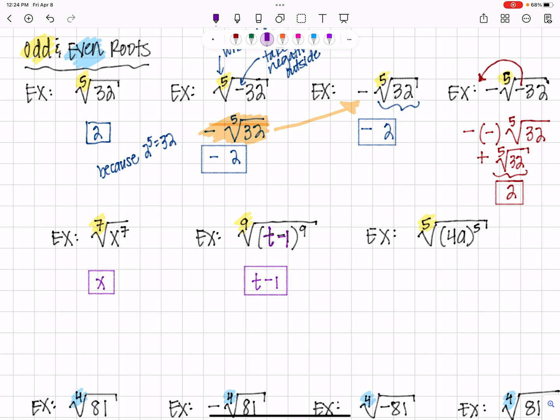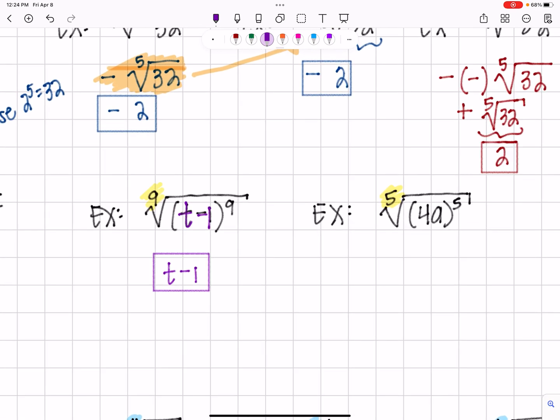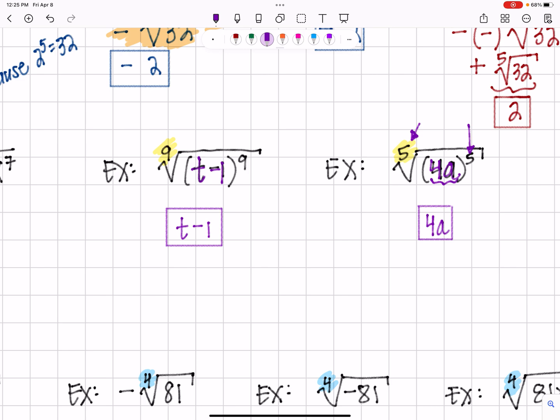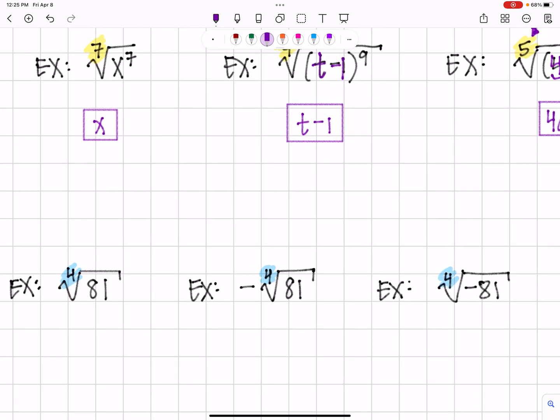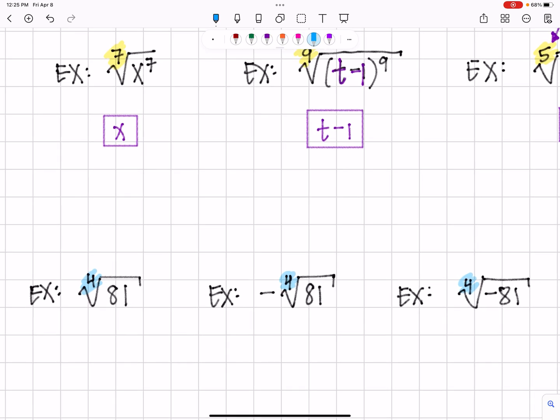And then the fifth root of 4a to the fifth power is simply 4a. And that's because those undo each other. It's an inverse operation.